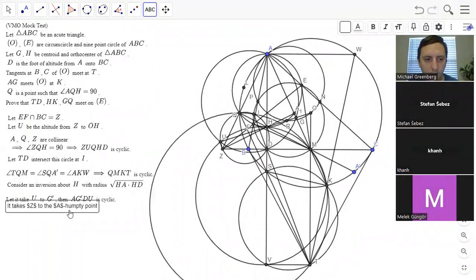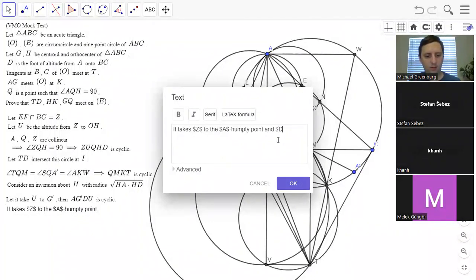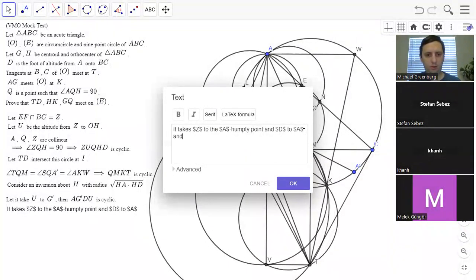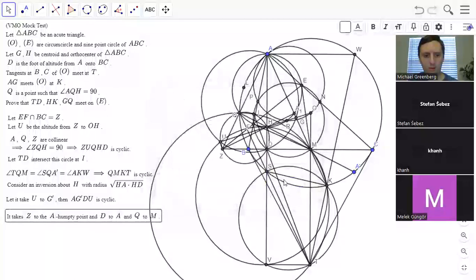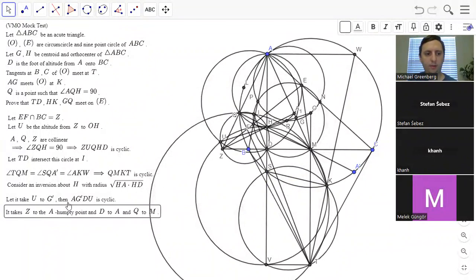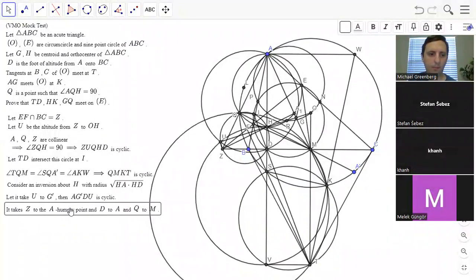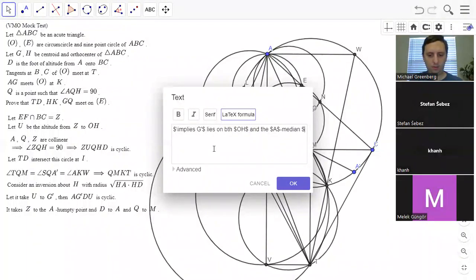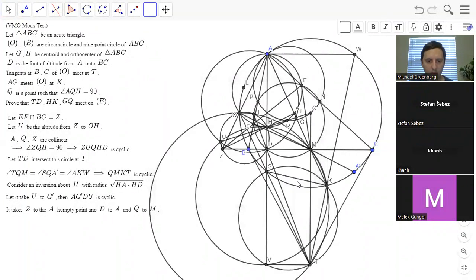And D to A. And Q to M. So basically this means that G prime lies on both OH and the A median, and so G prime equals G. Okay, so we've got that.